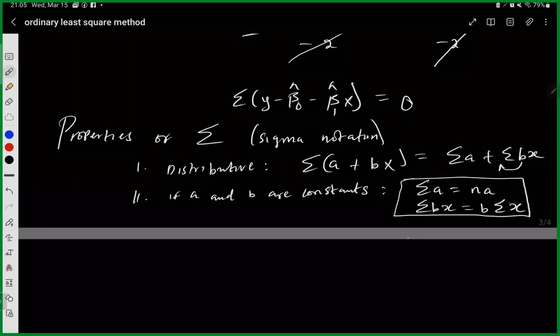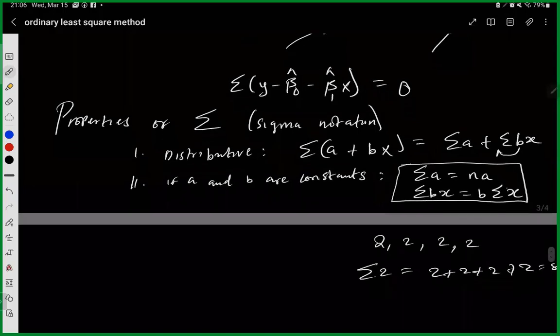In my example, if you have 2, 2, 2, 2, summation 2 is the same as 2 plus 2 plus 2 plus 2, which is equal to 8, or simply 4 times 2, 4 being the number of times this appears, times itself.